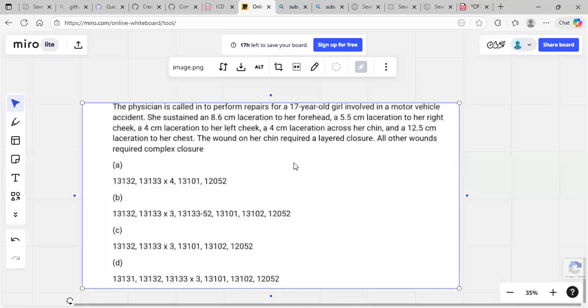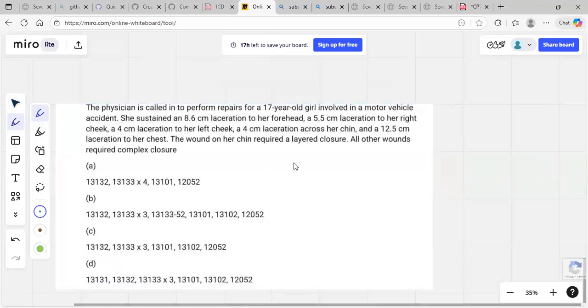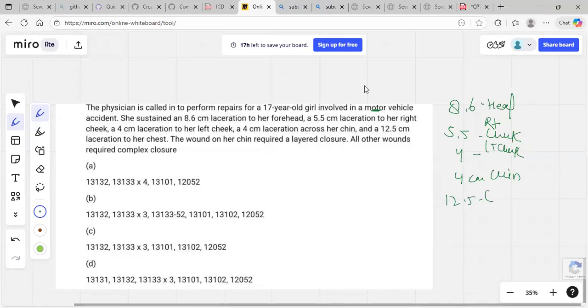Okay, now let's do it together. So the patient is involved in a motor vehicle accident. 8.6 centimeter on head, 5.5 on cheek, 4 centimeter on left cheek, and 4 centimeter on chin, 12.5 on chest, and laceration chin.